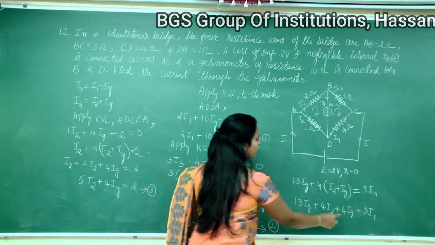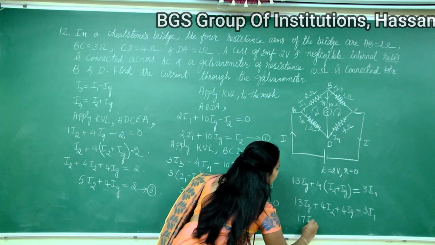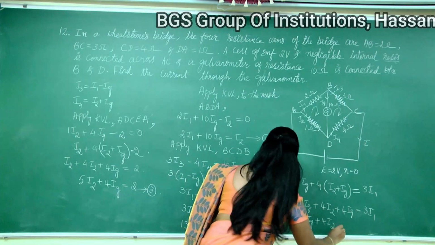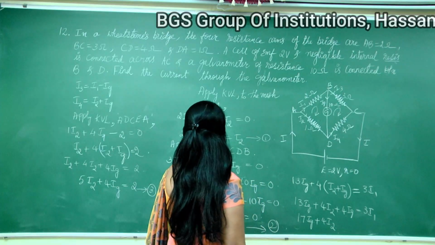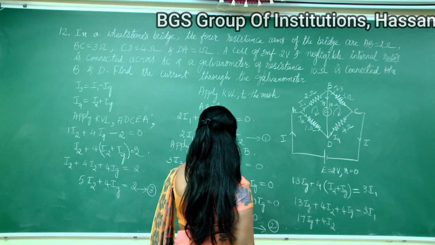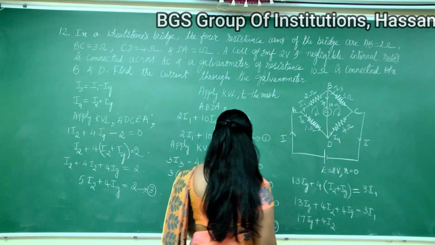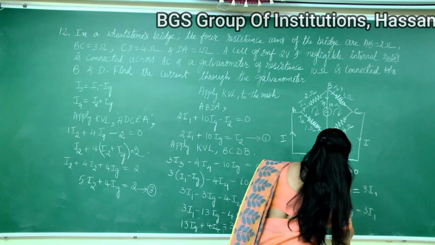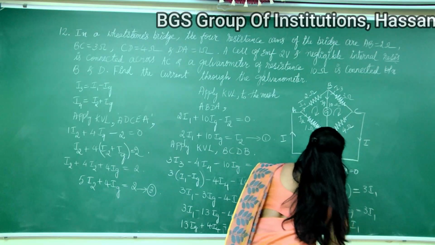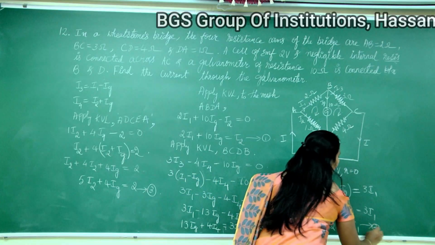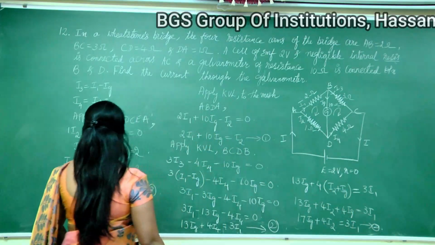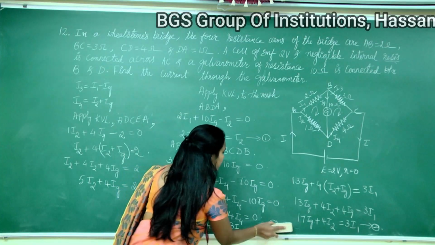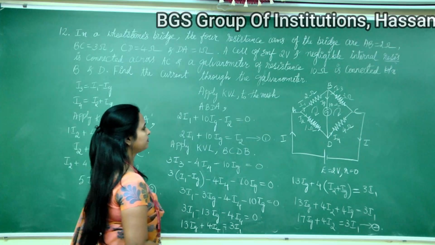So 13ig 4ig ಎಷ್ಟಾಗುತ್ತೆ, 17ig plus 4i2 is equal to 3i1. So ಇದನ್ನ equation 2 ಅಂತ ಹೇಳಿ ಇಟ್ಕೊಳ್ಳೋಣ. ಸೊ ಈಗ equation 1 ಮತ್ತೆ 2 ಇದೆ ಅಲ್ವಾ, ಈ 1 ಮತ್ತೆ 2 ನ ಸಾಲ್ವ್ ಮಾಡ್ಕೊಳ್ಳೋಣ.